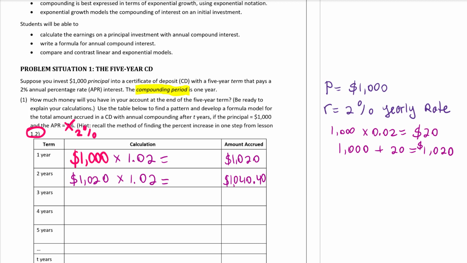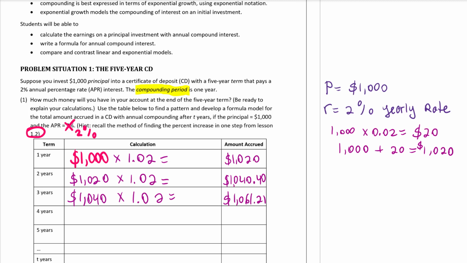All right, let's continue. We're getting $1,040.40 now, and you're multiplying it by 1.02 again. It's already in my calculator, so I'm just pressing the button again. I'm getting $1,061.21. At that point, I have to round.